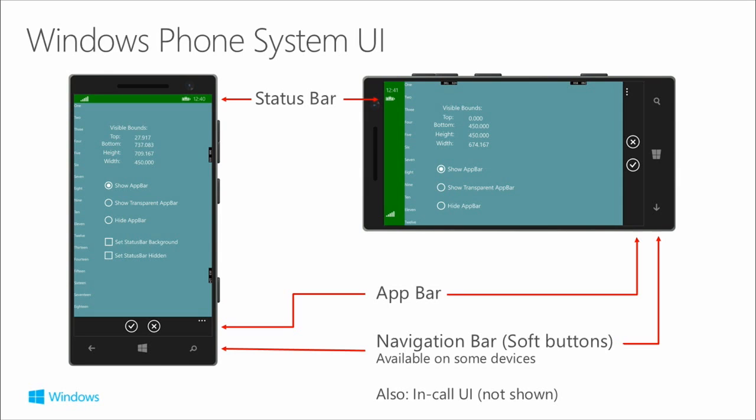You just get a big slab of glass in a nice shell, and then the actual navigation bar buttons, the soft buttons, the back button and the Windows button and the search button, are actually just rendered on the screen at the bottom there, and they're not going to be hardware buttons on these phones. So that's, again, system UI. So they are kind of shown on the screen. And then the other one is, of course, if you get a phone call, you get the pop-up stuff, the in-call UI that shows when you're taking a call. And all of these four are considered system UI.